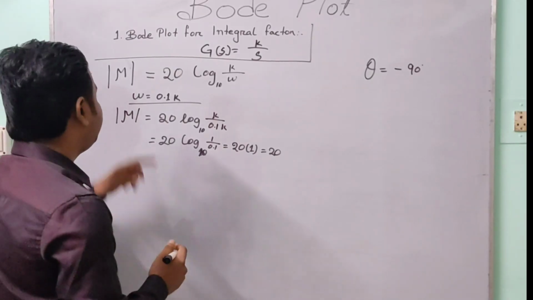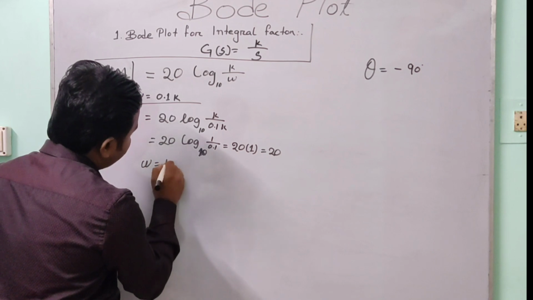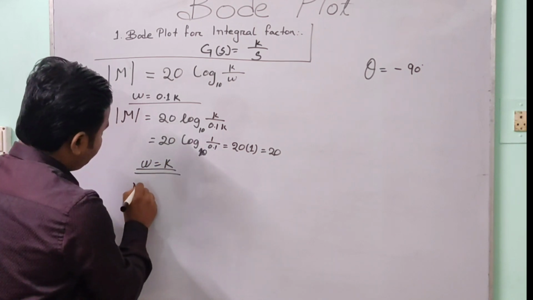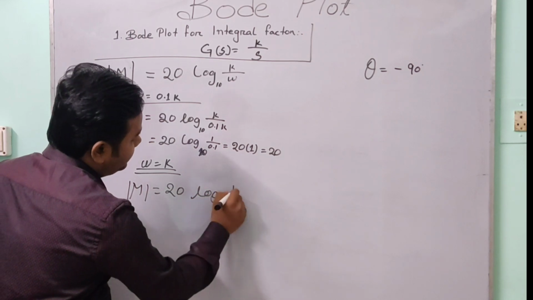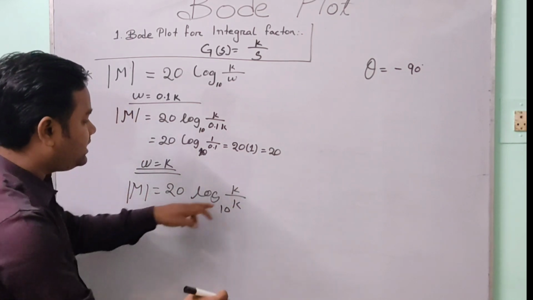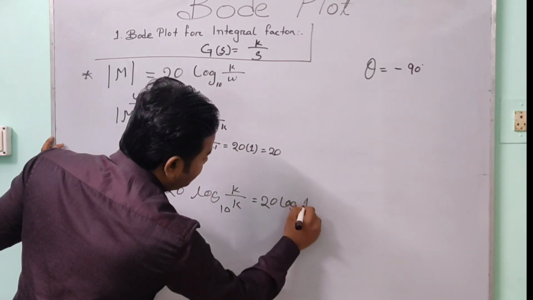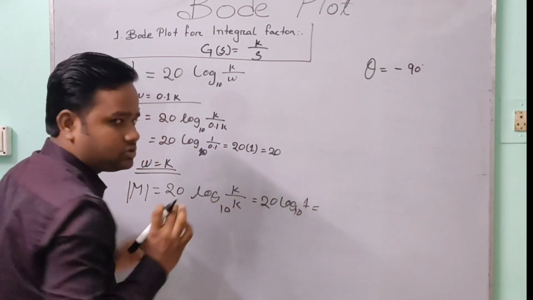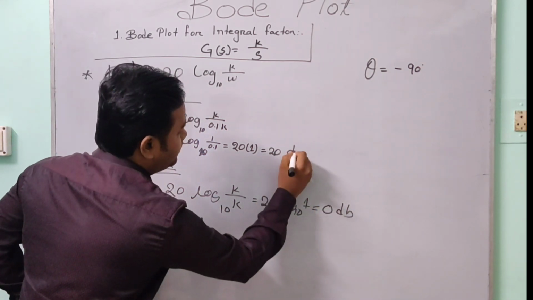Next we will put omega is equal to k. Then magnitude M is equal to 20 log k by k, base 10. K by k is cancelled out, so it is 20 log 1, base 10. We know that log 1 is equal to 0, so this value is 0 decibel. Previously it was 20 decibel.